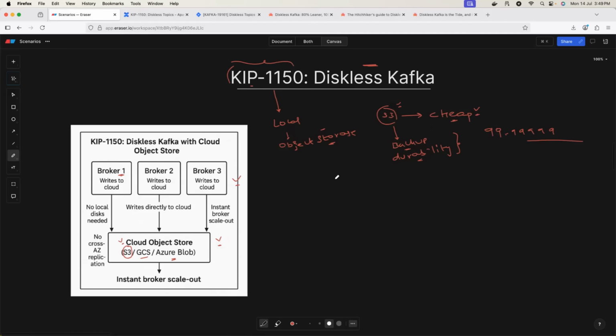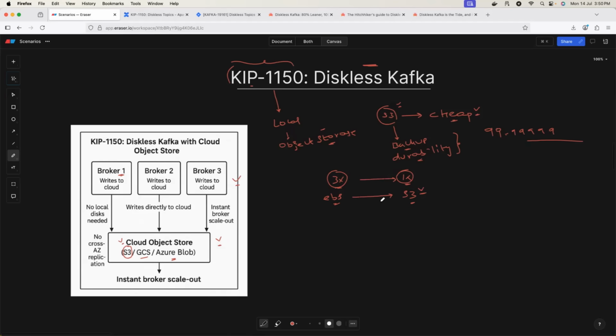When you compare with 3x storage cost if you are using local disk, this comes to only 1x storage cost. This is 3x EBS cost, whereas this is 1x S3 cost. So you can understand how many times cheaper this solution is.